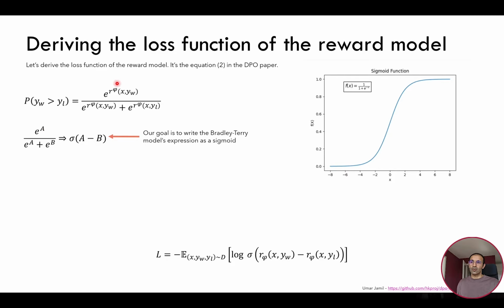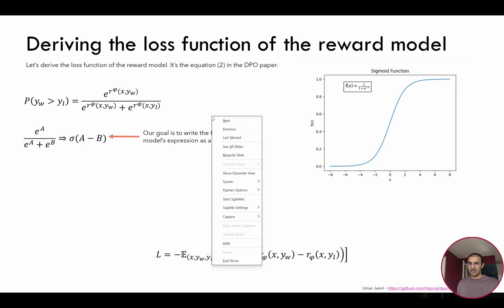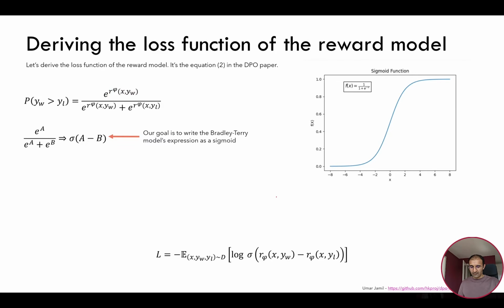So here I call this part, let me use the pen, I think it's easier. The reward assigned to, let's say, the winning answer, we call it a, and the reward assigned to the losing answer, we call it b.